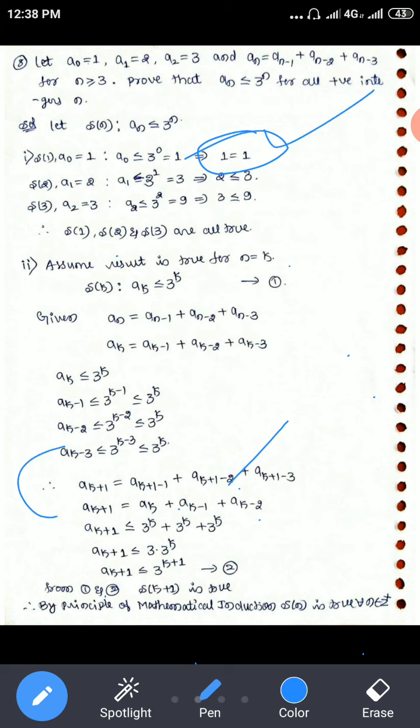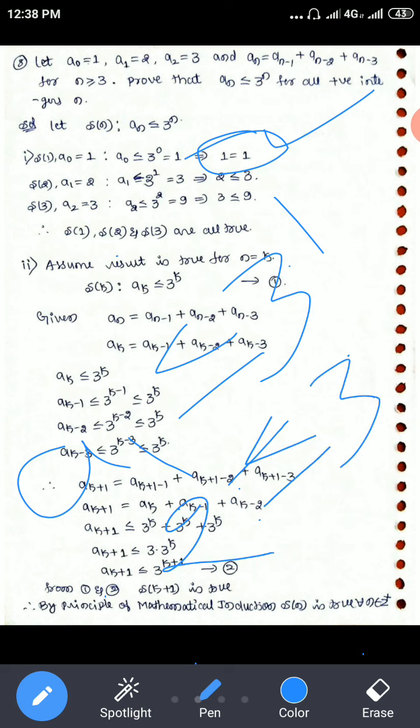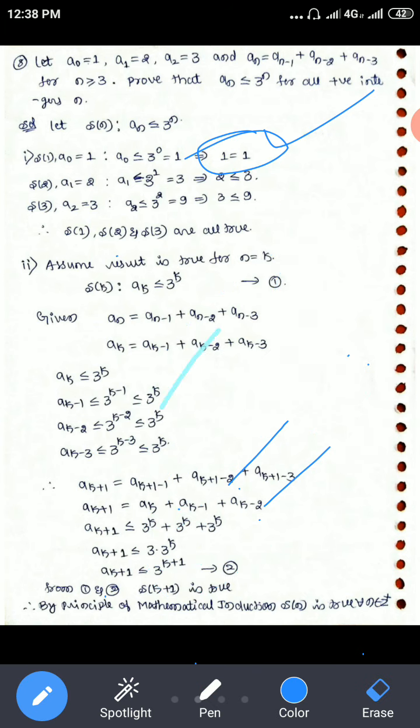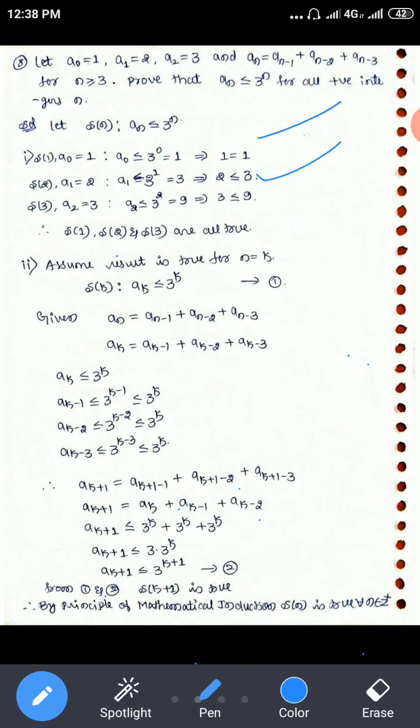Next, A1 less than or equal to 3 raised to 1. A1 means what? 2 less than or equal to 3. 3 raised to 1 is 3. 2 is less than 3. Is it true? Okay, that's what I wrote here. First condition, second condition.